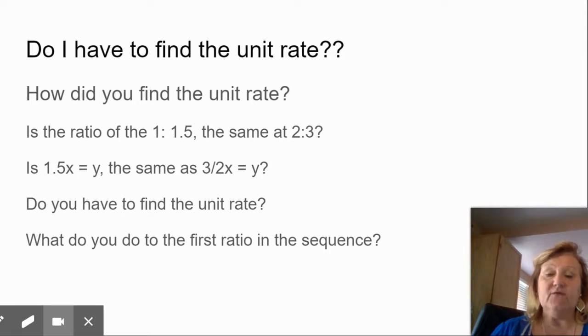And you divided 3 by 2 and you got 1.5. Is 1.5 times X equals Y the same as 3 divided by 2 times X equals Y? And do you have to, therefore, find the unit rate?